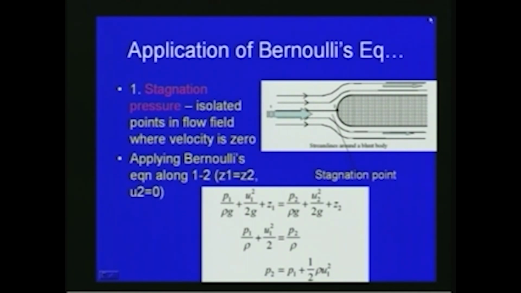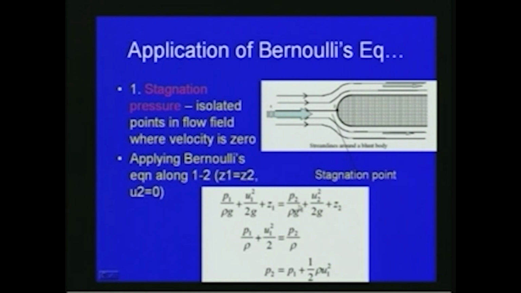So, applying Bernoulli's equation along the streamline between section 1 and 2, we can write P1 by rho g plus U1 square by 2g plus Z1 is equal to P2 by rho g plus U2 square by 2g plus Z2. Here P1 is the pressure at section 1, P2 is the pressure at section 2, U1 is the velocity at section 1, U2 is the velocity at section 2, rho is the density of the liquid, and g is the acceleration due to gravity.